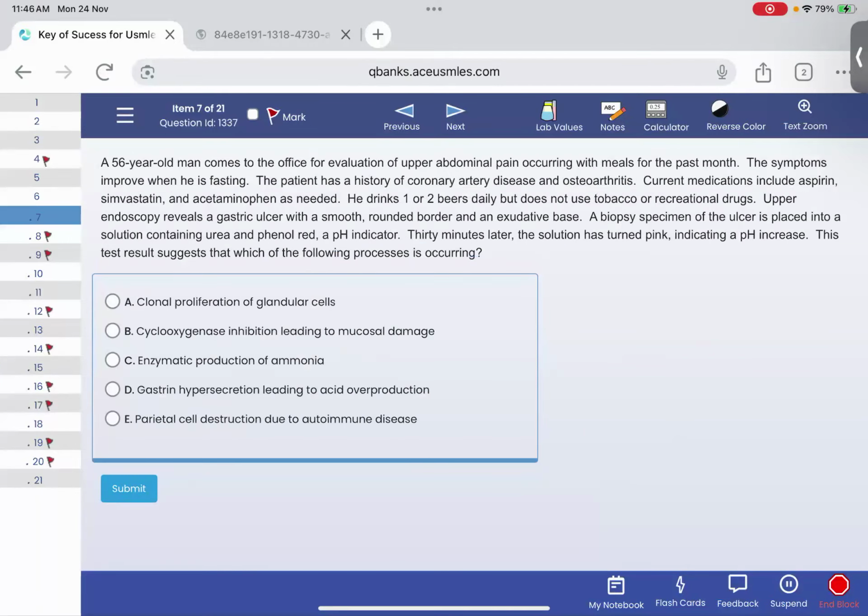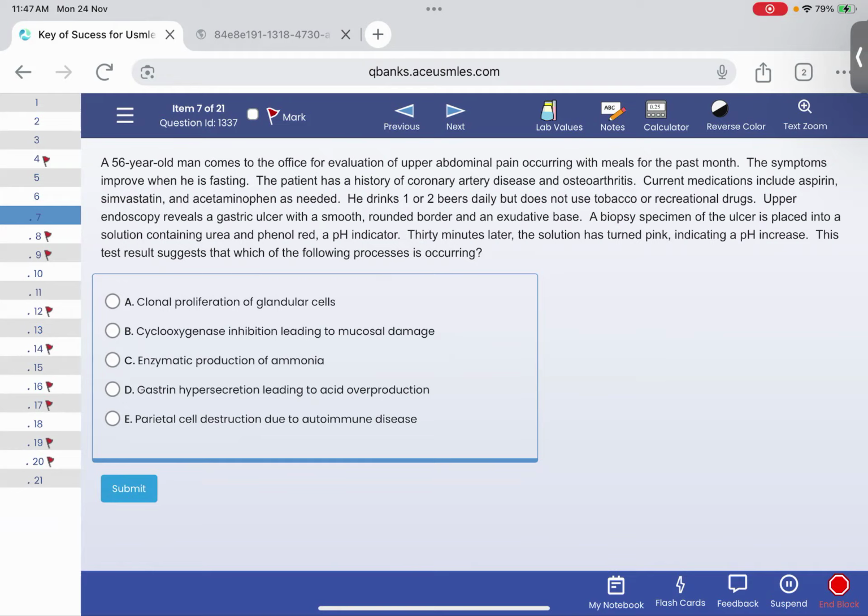Okay. Next question. This test result suggests that which of the following processes is occurring? A 56-year-old man comes to the office for evaluation of upper abdominal pain occurring with meals for the past month. The symptoms improve when he is fasting. The patient has a history of CAD and osteoarthritis. Current medications include aspirin, simvastatin, and acetaminophen.